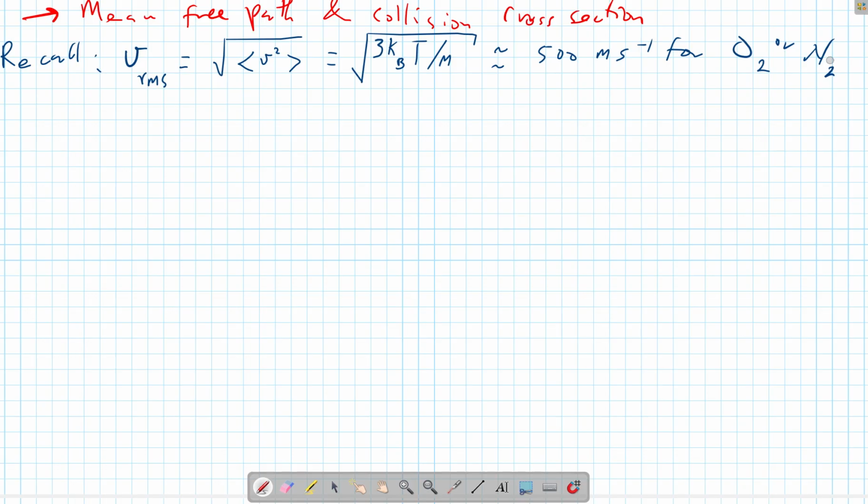If I spray a perfume at one corner of a room, and the speed of the molecules is of this magnitude, 500 meters per second, then it is expected that the perfume is going to be sensed kind of instantaneously, immediately, at all other parts of the room.